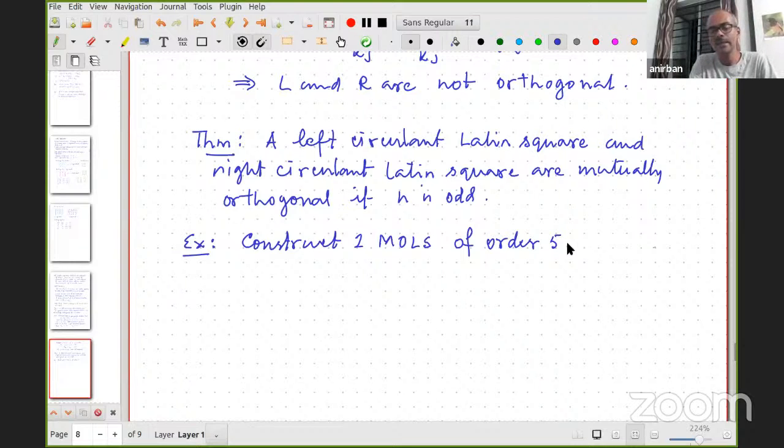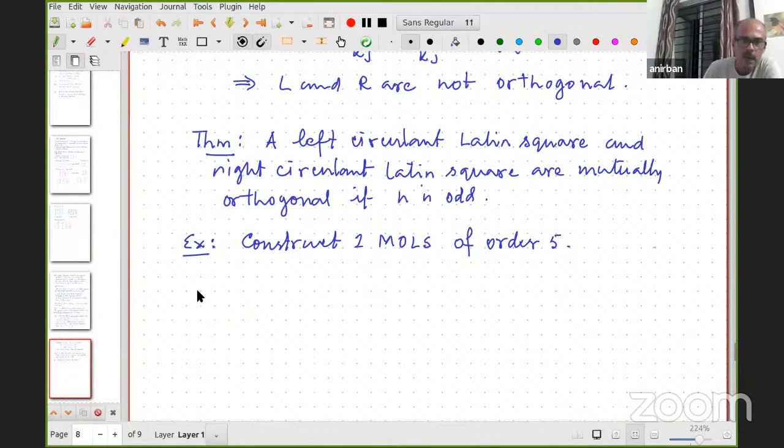For even n, the previous theorem showed us that this technique is not going to work, but that doesn't mean that there aren't any. Now we know how to construct two mutually orthogonal Latin squares for every odd order.